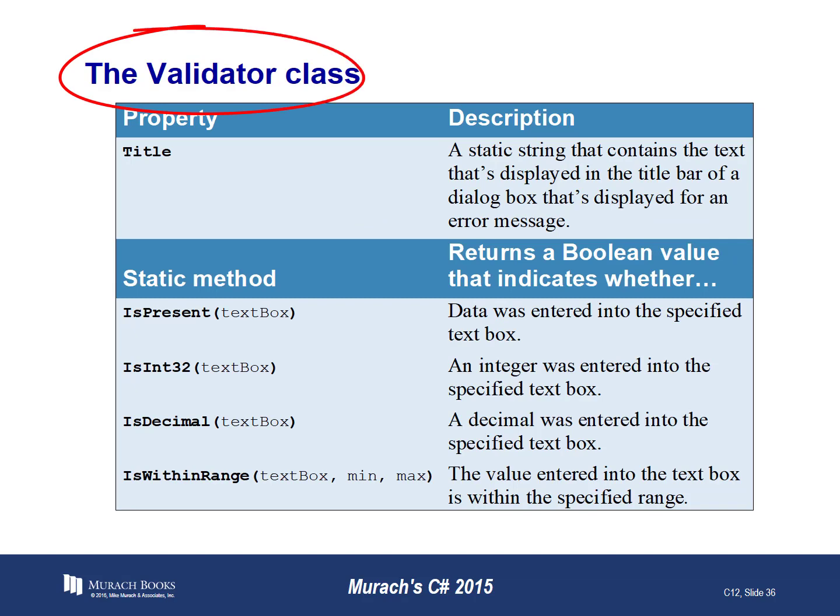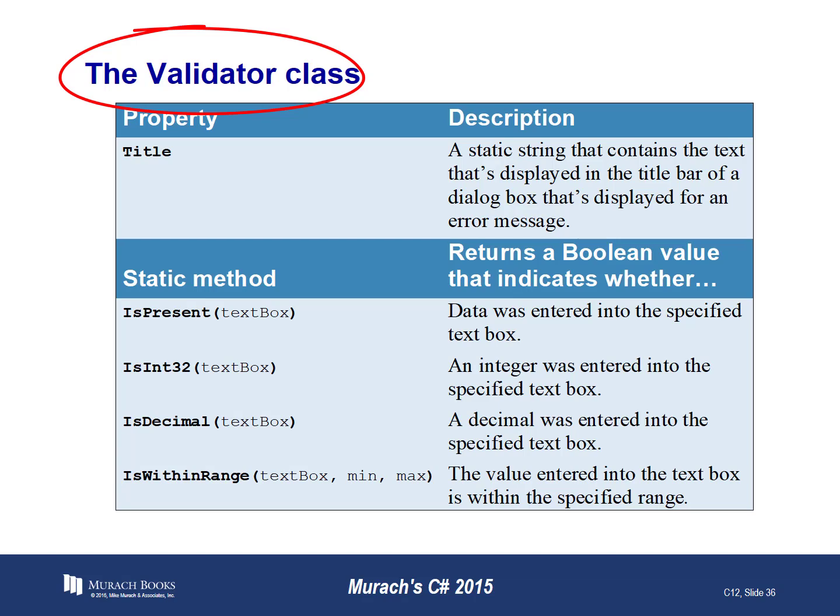We're also going to include one static class, which is the Validator class. It has a single property, Title, and it has a series of different static methods, an isPresent, an isInteger, an isDecimal, and an isWithinRange.